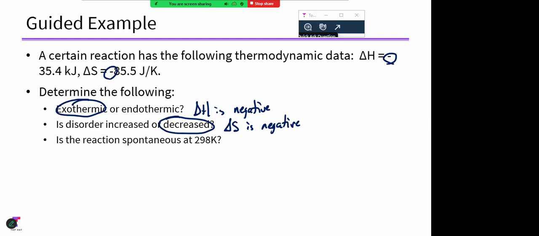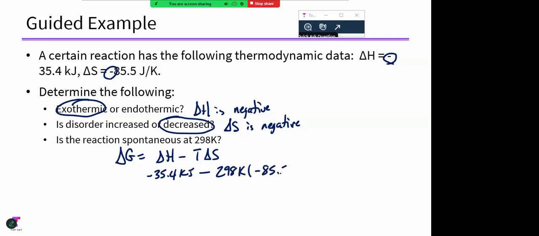So is the reaction spontaneous at 298 Kelvin? Only way to answer that is to plug in the values into the Gibbs free energy equation and see what the answer comes out to be. So delta G is equal to delta H minus T delta S. Delta H is negative 35.4 kilojoules. T is 298 Kelvin. Delta S is negative 85.5 joules per Kelvin.